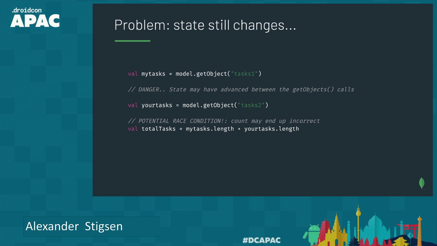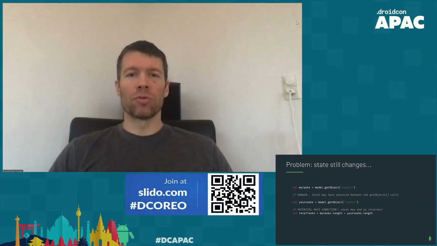So in between those two calls to get the object, the state might have advanced, and both these objects may have changed. So that means that when you have my tasks and your tasks, and you try to do some kind of aggregate operation between them, in this case just adding the lengths together to get a total.